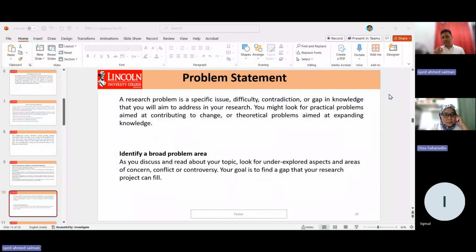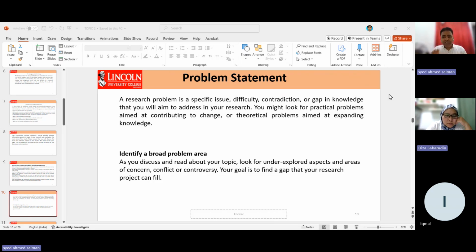Is this an issue or not? Issue. Okay, now I will give you one more example. There is no proper or clean water in Selangor. Is this an issue or not? Yes. Okay, now I have given you three examples, and these can be applied as a problem statement.